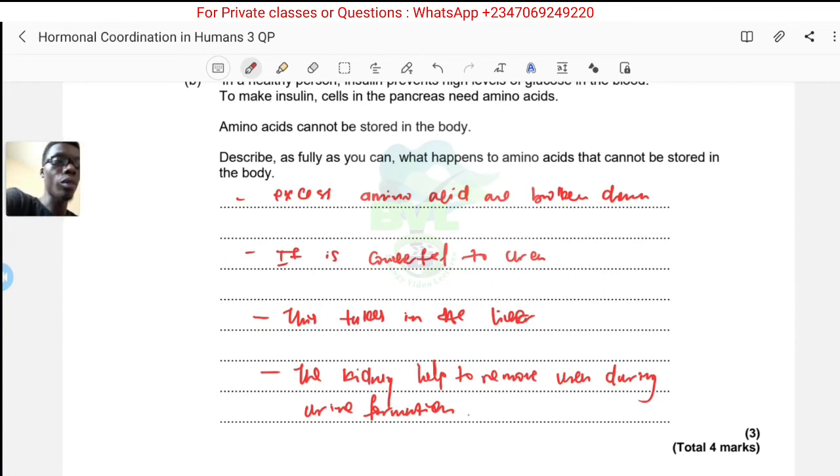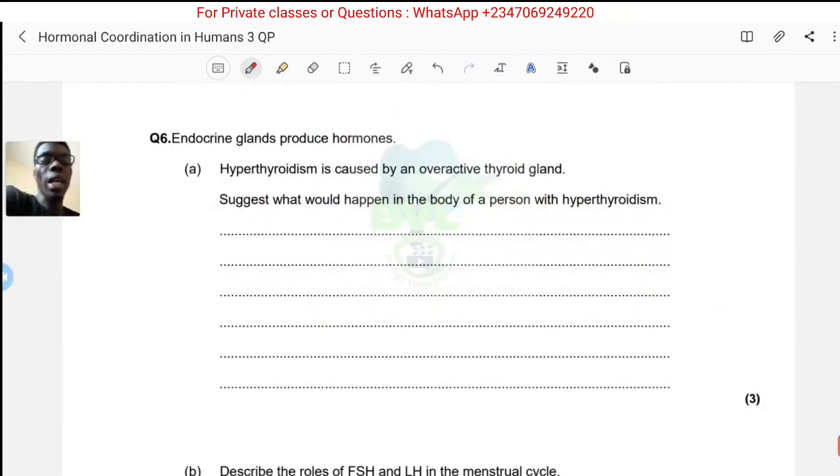All right, moving on. This is another question on hormonal coordination. It says here, endocrine glands produce hormones. Hyperthyroidism is caused by an overactive thyroid gland. Suggest what would happen in the body of a person with hyperthyroidism.